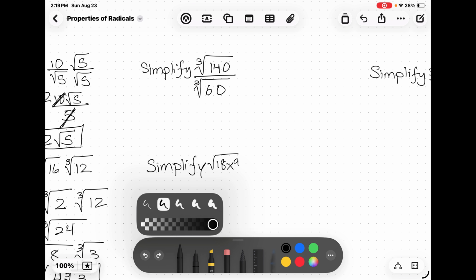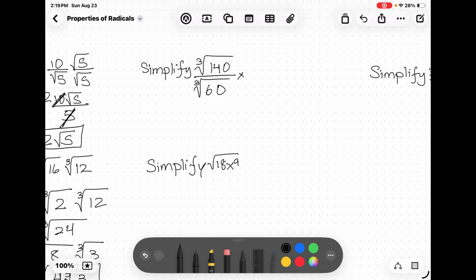So I'm going to factor this. And what did I have? I had a cube root of 4. I want a cube root. Cube root of 4. Cube root of 7. Cube root of 5. Was that it? Yeah. 20 times 7 is 140. And in the denominator, I think that's divisible by 4, isn't it? 60 divided by 2 is 30. 30 divided by 2 is 15.